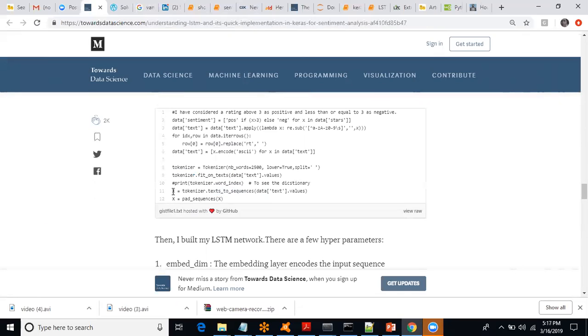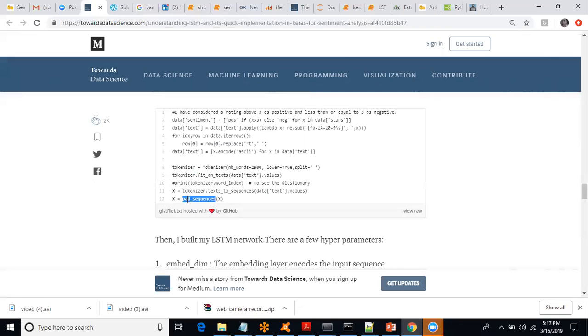So you created X. Then we require a pad sequence. Padding sequence means some words may be small, some may be big, right? The answers may be small or big. When it comes small, it will fill up all the empty positions using 0.